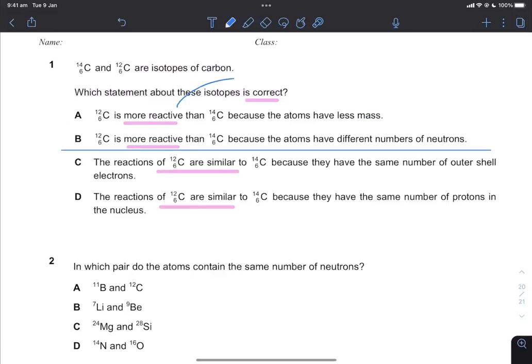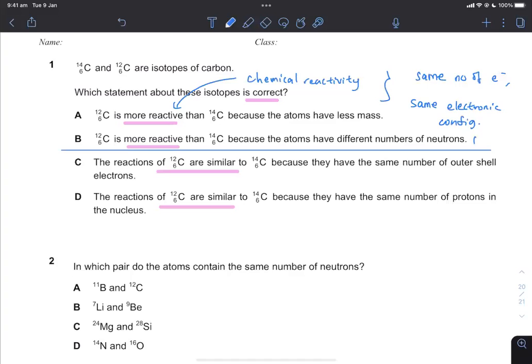The reactivity there refers to chemical reactivity, but what did we just learn about isotopes? They have the same number of electrons. If they have the same number of electrons, they have the same electronic configuration. So both of these factors would tell you that they have the same chemical reactivity.